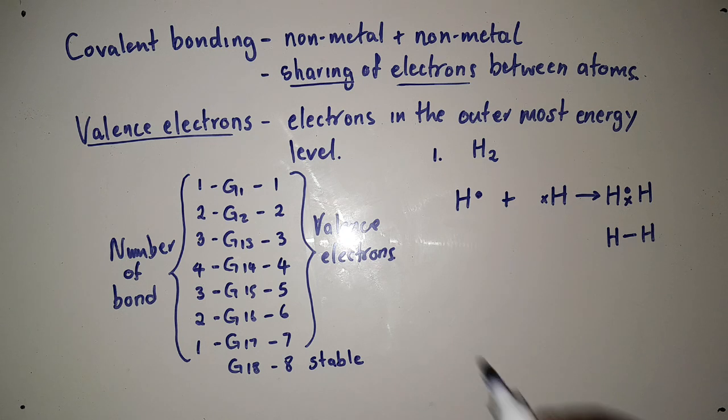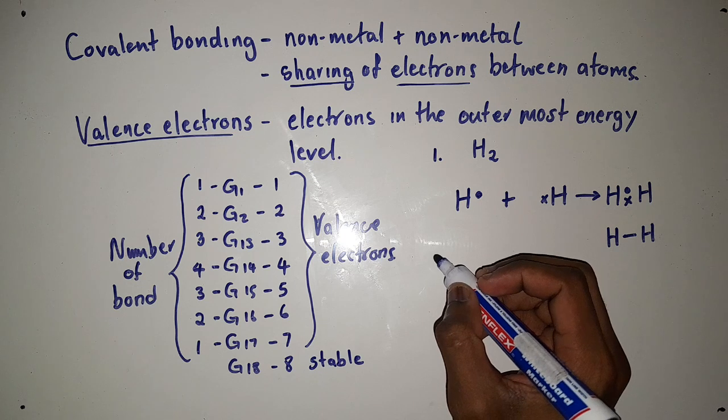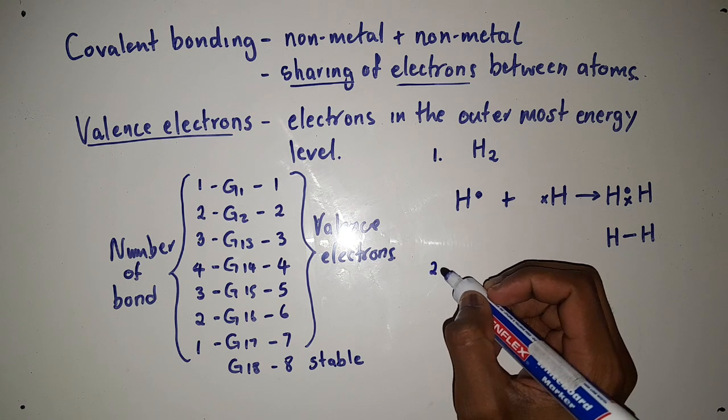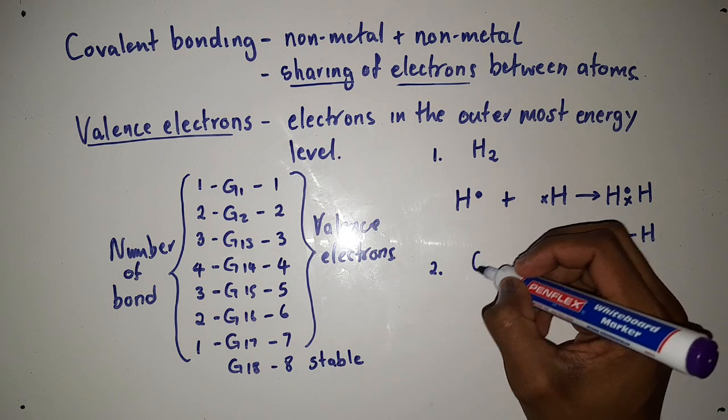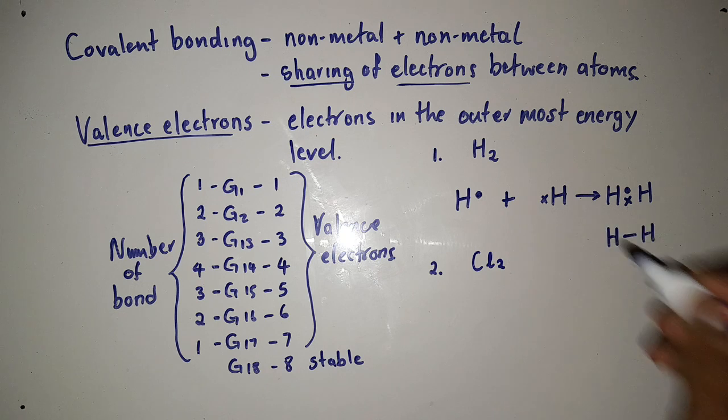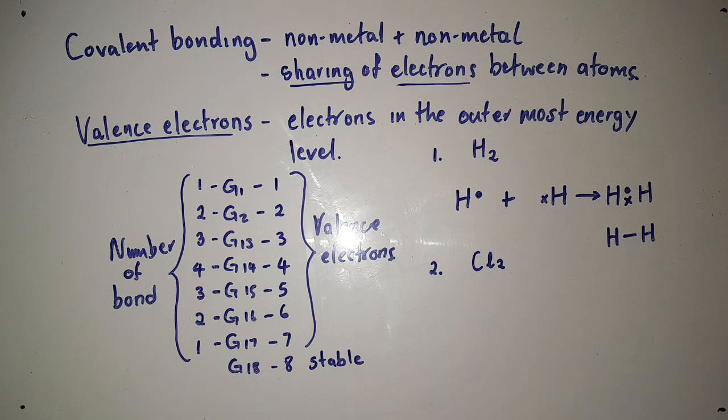Now let me just take a second example. My apology about the light. Let's say we had chlorine, Cl2 like this. Then how are you going to draw the Lewis diagram for this given Cl2? So simple.